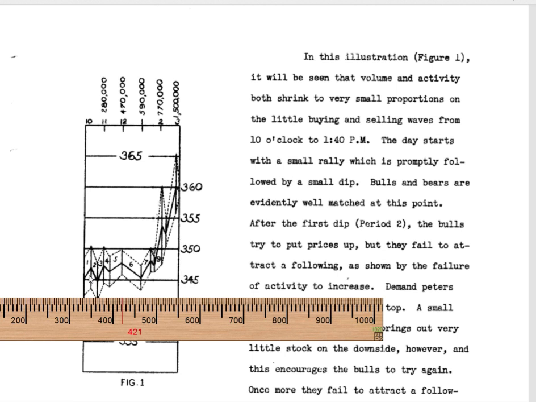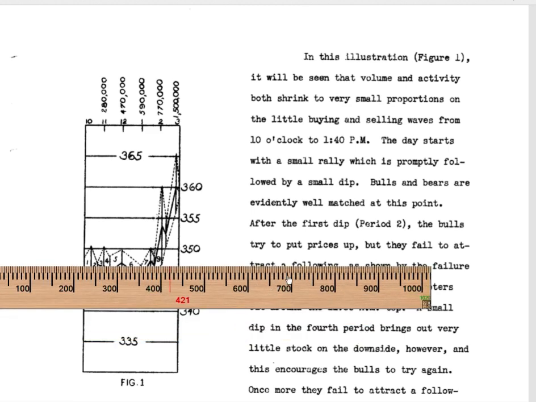So that's what you've got to do: understand what's going on in each period. Each period here is nothing more than a swing. So swing 1 up, swing 2 down, swing 3 up, swing 4 down, swing 5 up, swing 6 down. That's all he's doing. And then he's just talking about those periods, or swings, and some of the indications to be aware of.